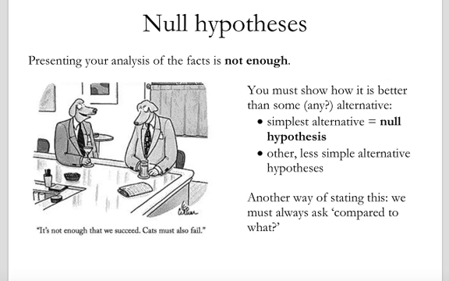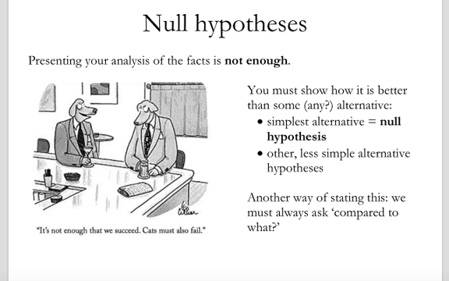One way of thinking about this is that you make some observations, you get some data, you analyze it, and then you try to explain why the data look the way they do. But presenting your analysis of the facts that you found is generally not considered enough for a successful research project. You have to also show that it's better than some other alternative, or maybe better than any other alternative.